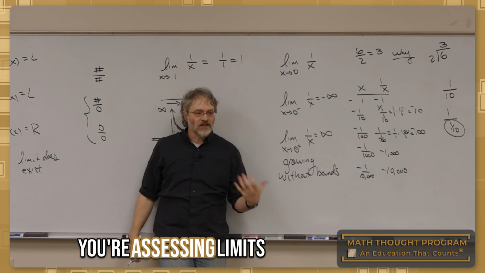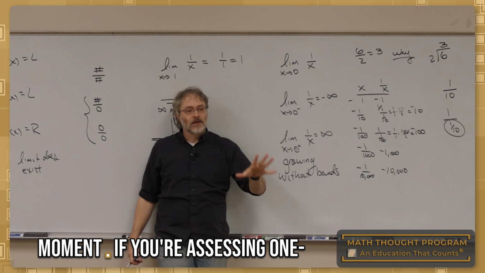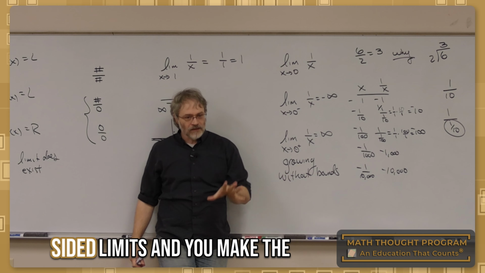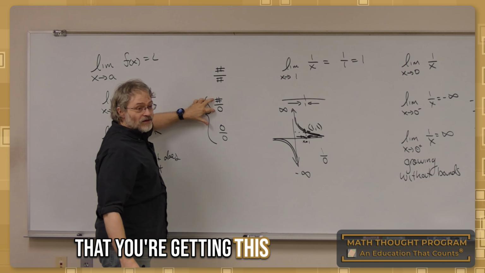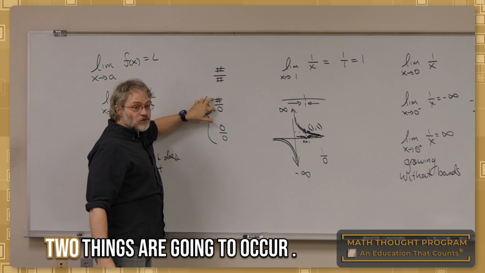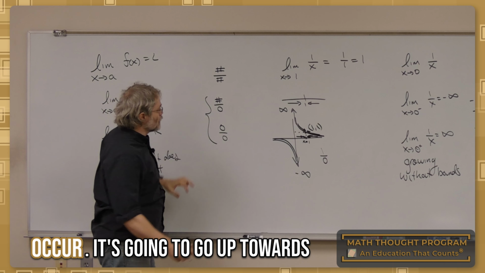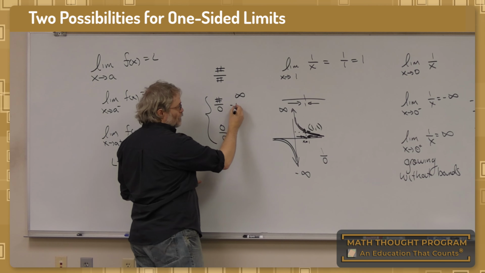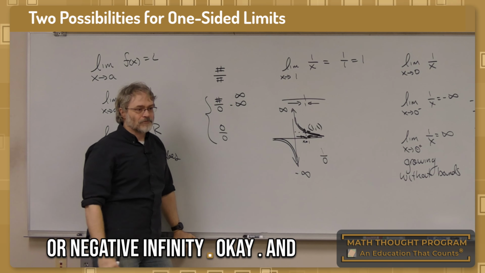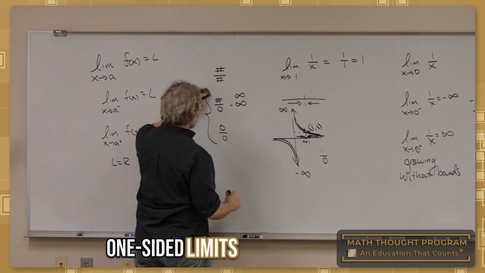Whenever you're assessing limits, and this is for one-sided for the moment, if you're assessing one-sided limits and you make the observation that you're getting this, two things are going to occur. Always two things are going to occur. It's going to go up towards positive infinity or negative infinity. Okay? And again, that's really just for one-sided limits.